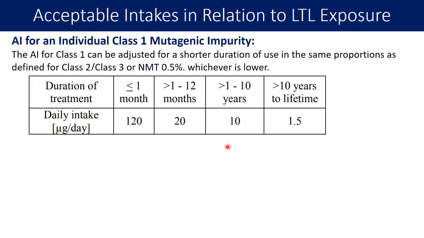I'm asking you to calculate the daily intake for 1 to 10 years now. So 15 micrograms for the lifetime, 100 micrograms is going to become for the 1 to 10 years. Similarly, 200 micrograms will become for the 1 to 12 months. Similarly, 1200 microgram will be applicable for the less than 1 month exposure.